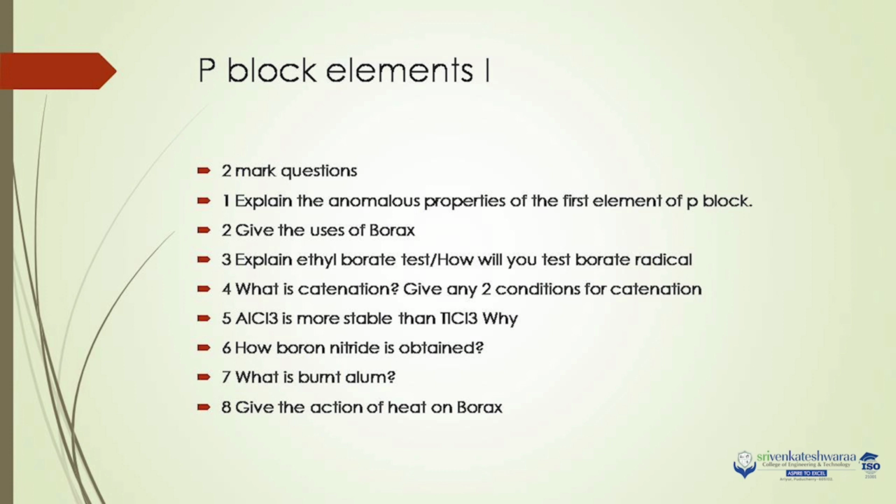That is about the ethyl borate test. You write the necessary equation: B(OH)3 plus 3C2H5OH on heating in the presence of concentrated sulfuric acid gives triethyl borate, B(OC2H5)3. That is the formula for triethyl borate.